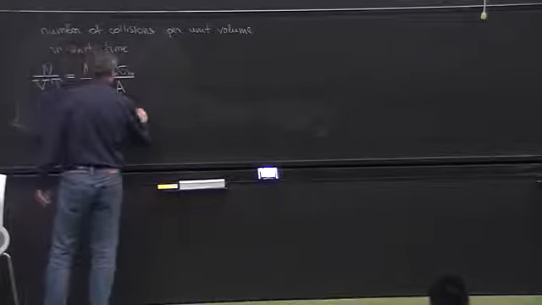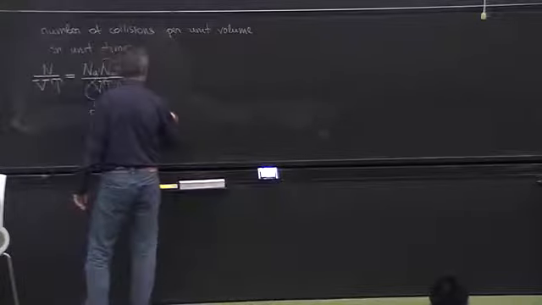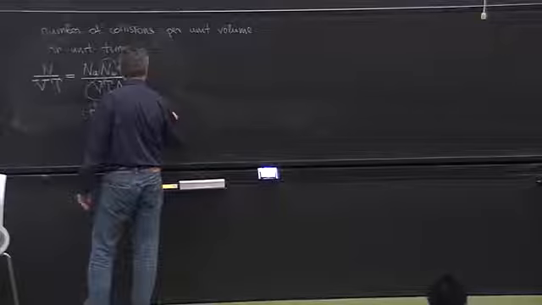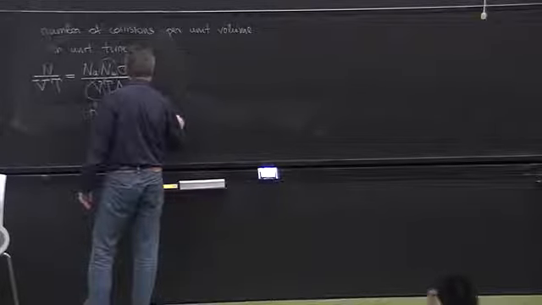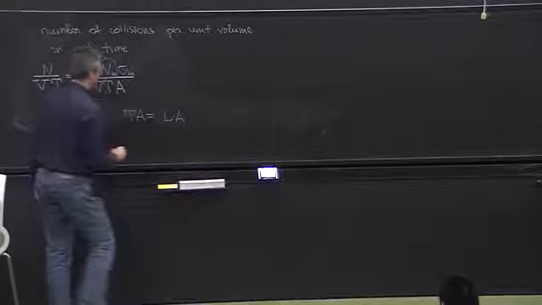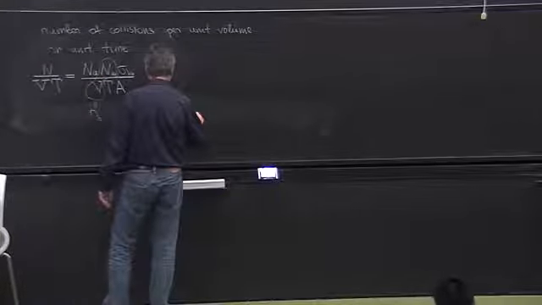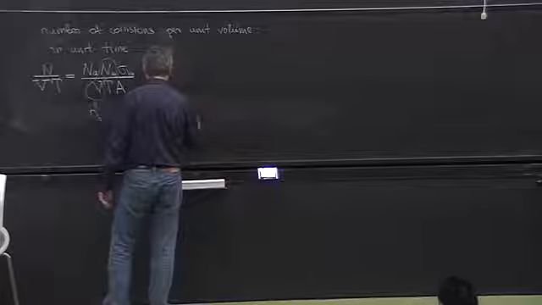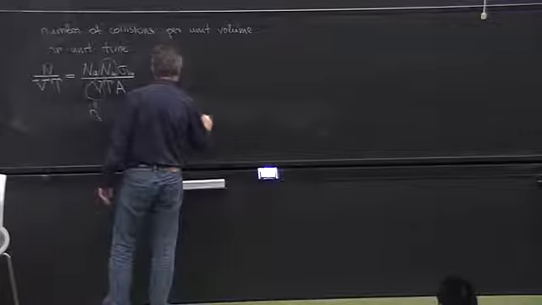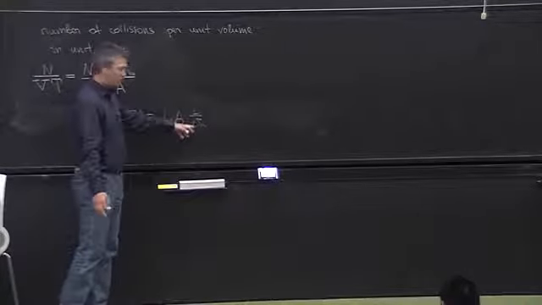Now T times A can also be expressed as the volume, because we can express this as the length of the bunch measured in centimeters, I guess divided by velocity, right? So the time length of the bunch will be equal to the spatial length divided by the velocity.